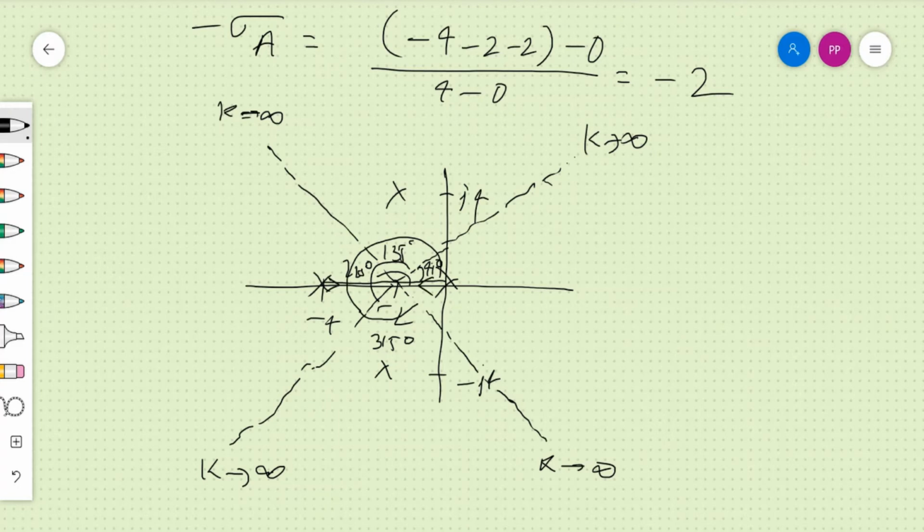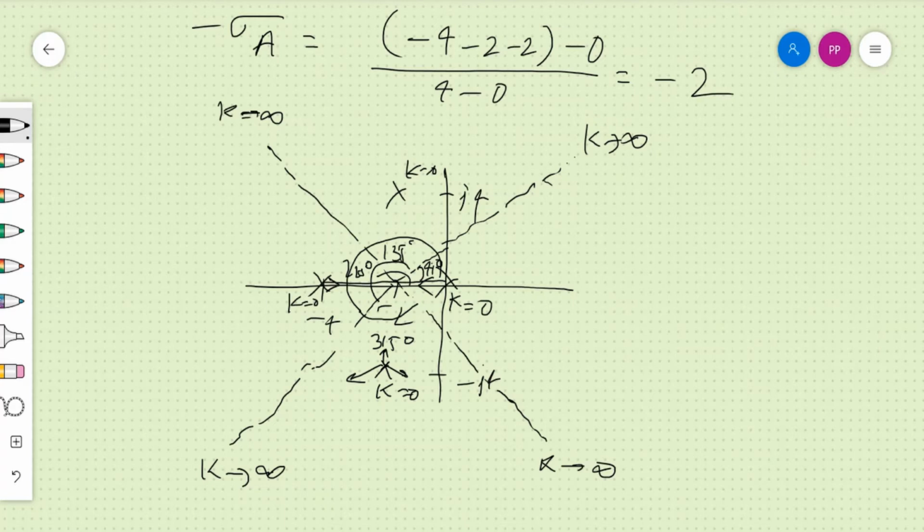But for the complex conjugate roots, how should it start or emerge where k equals 0? At this point k equals 0, here k equals 0, here k equals 0, and here k equals 0. How will the root locus emerge? It can emerge like this, or like this, or like this. So what is the exact direction in which it can emerge? We have to find it out.